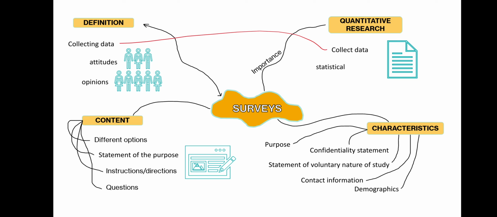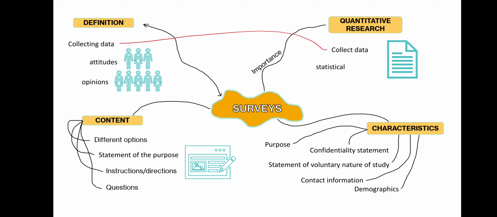Also, a survey has to contain a statement of purpose, in other words, like an introduction in which we explain the purpose of the survey and the study. Another important aspect is the instructions or directions, which are necessary for the reader to understand the questions better. And obviously, a survey has to contain questions.